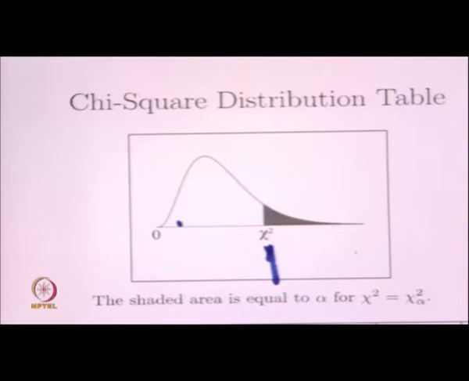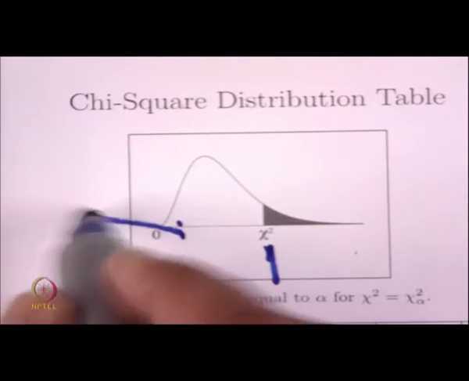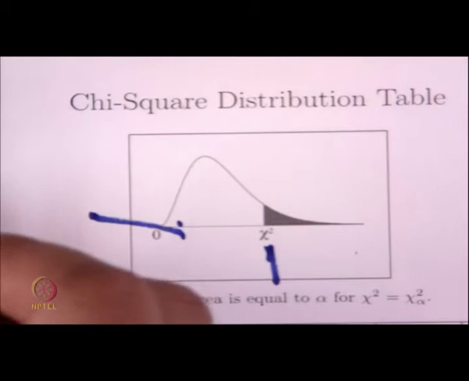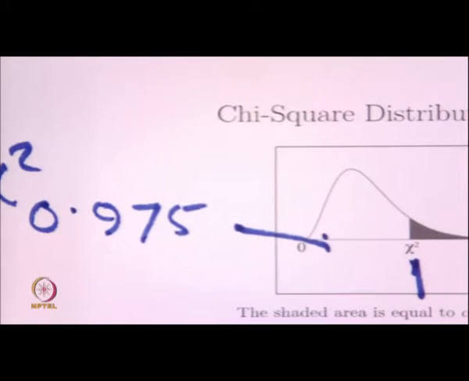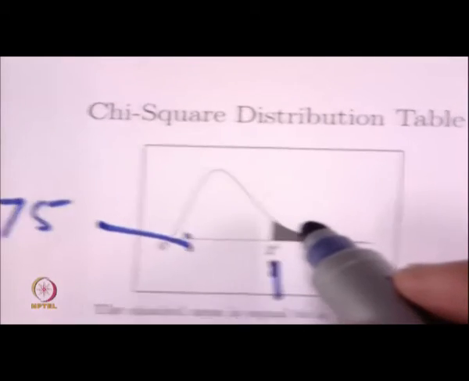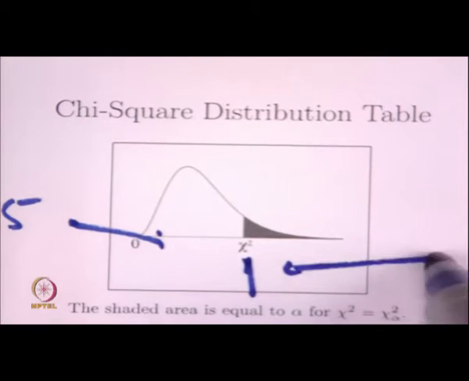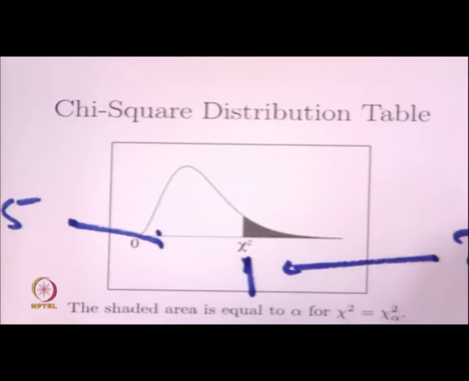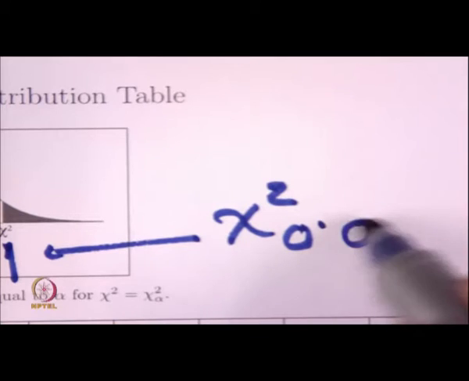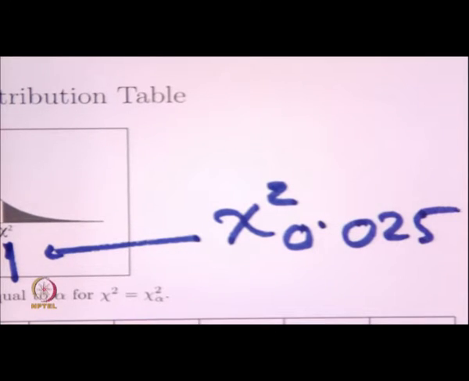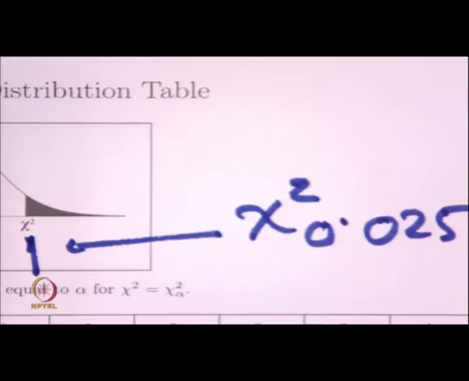in decimal form, this value will correspond to chi-square with 0.975, and for this we are looking at the value for chi-square with 0.025. How do we get the values?